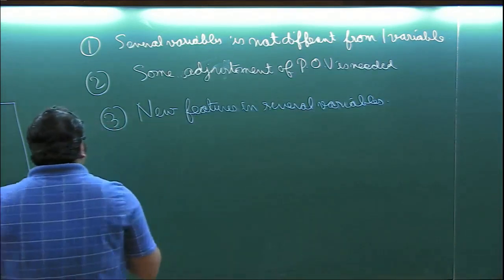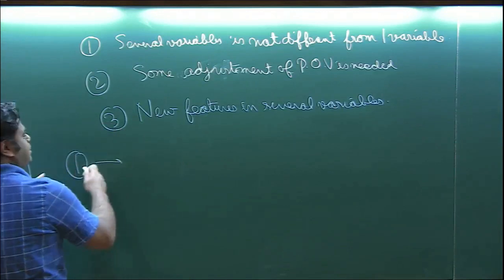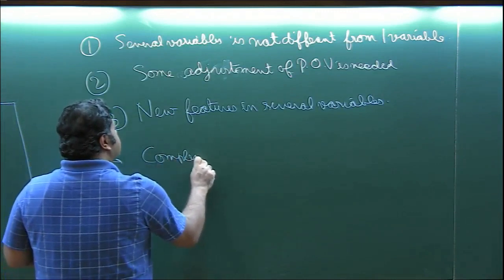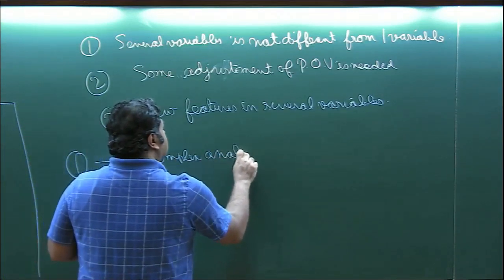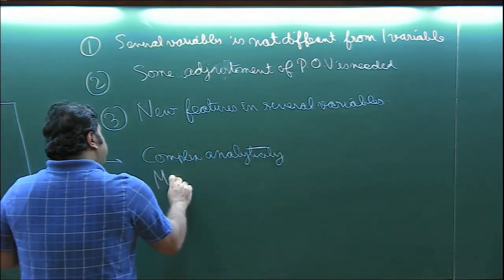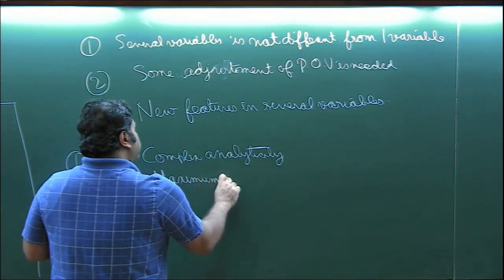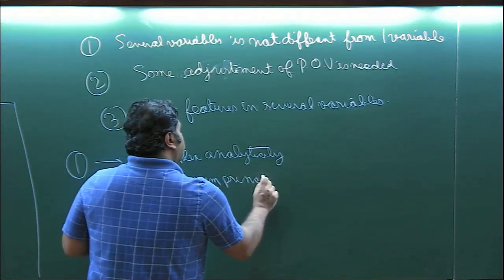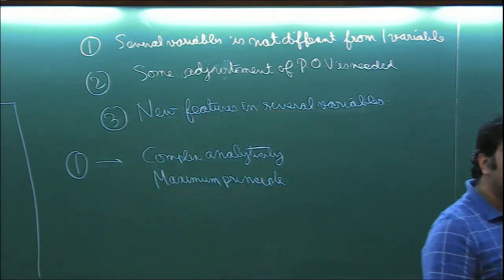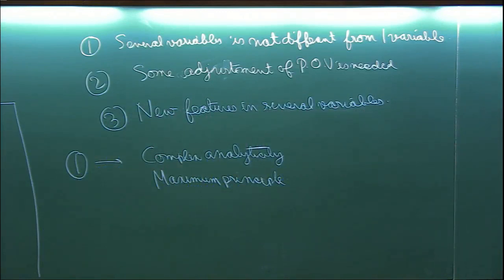Examples of the first kind, and there are many more: complex analyticity, which is to say existence of power series, and then the maximum principle. Recall what the maximum principle says. If you have a holomorphic function and its absolute value attains a local interior maximum on a connected domain, then that function is necessarily a constant. And basically the same thing works in several variables, and so on.